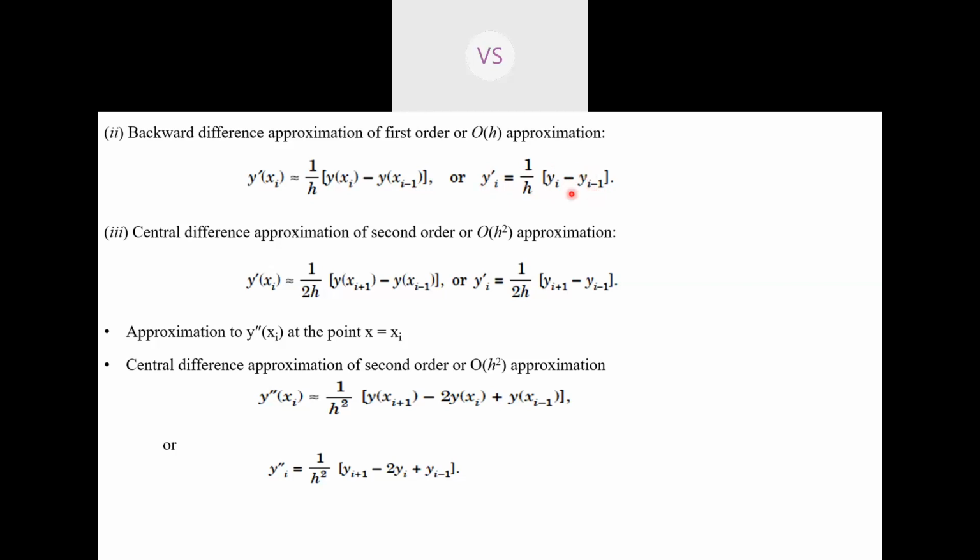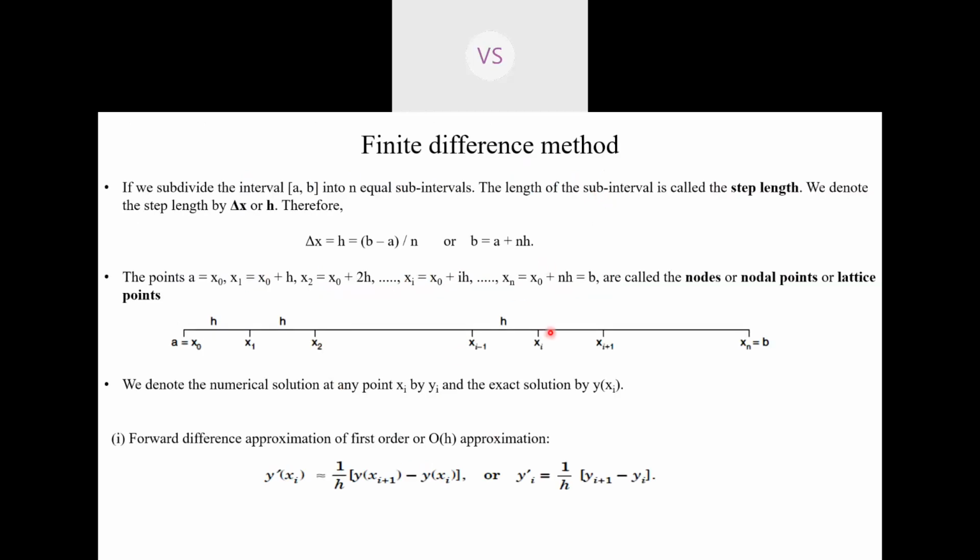Here yi is the current value and yi minus 1 is the previous value. So instead of taking the forward value, we are going to take the backward value.